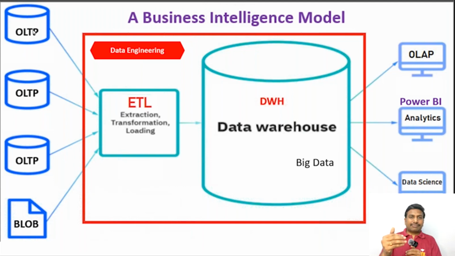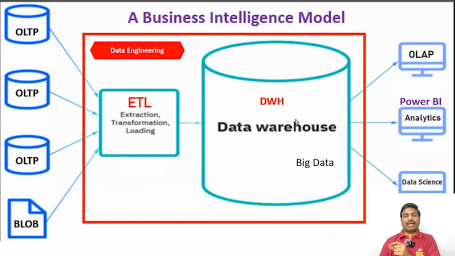Over a period of time, the data becomes so huge that you need to offload it and store it in a more compressed way, stacking the data one above the other, just like racks in a warehouse, a godown, somewhere in the cellar or in the outskirts of the city. So multiple showrooms share a common godown. Here, multiple OLTP databases share a common warehouse.